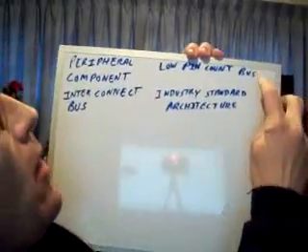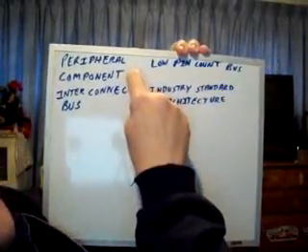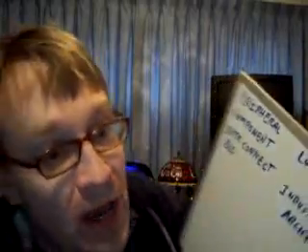And each one of those, the LPC was the slowest because it was the first generation. The ISAs were the second slowest because they were the second generation. The PCIs were the third slowest. So this was the slowest one of them all. This one was a little bit faster. This one was a little bit faster. And then, of course, now you have your PCI Express, which is even faster than that. Basically, that's what it all boils down to.